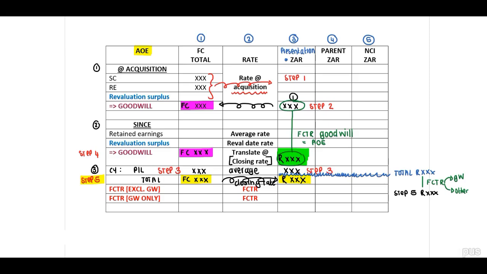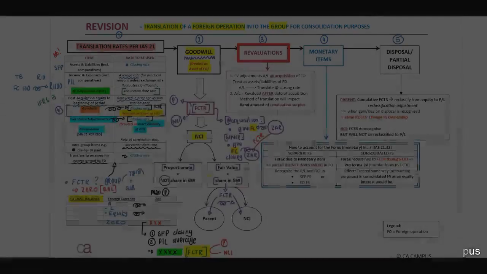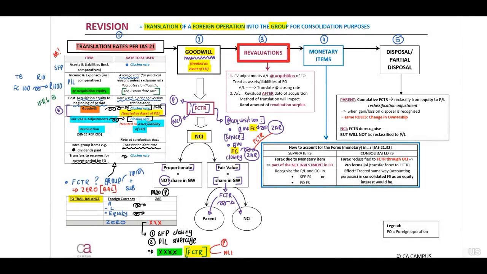Now, let's refer back to our revision page. I want you to focus only on the revaluations block. I'm going to make use of this pink color when I write anything for you to be able to follow. There are two things that you need to be able to identify.